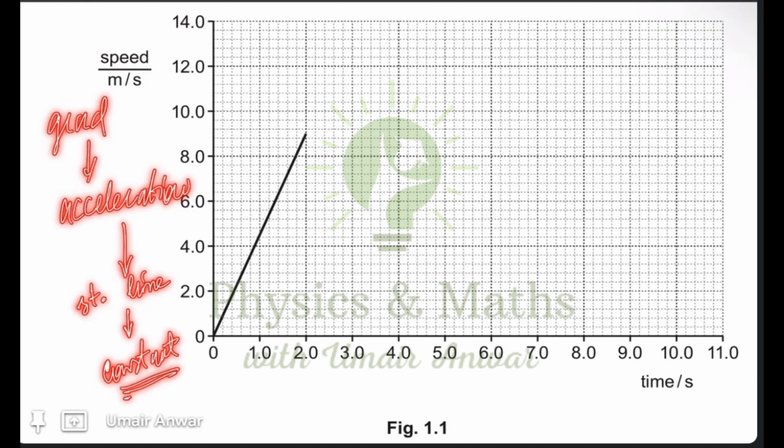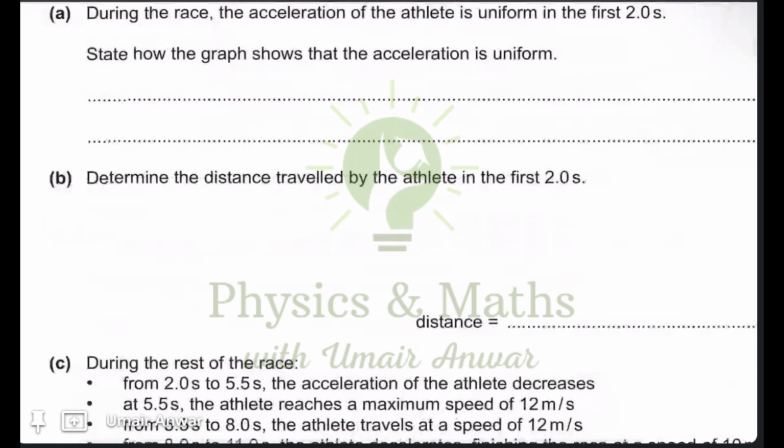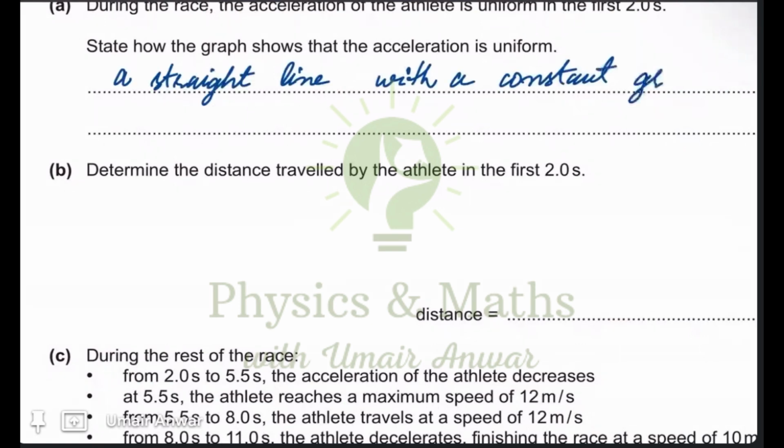During the race, the acceleration of the athlete is uniform, so the gradient should be constant, and it is represented using a straight line. In the first 2 seconds, state how the graph shows that the acceleration is uniform. So the graph is showing that the acceleration is uniform by a straight line. Since the gradient is not changing and it is a straight line, the acceleration is shown to be uniform here.